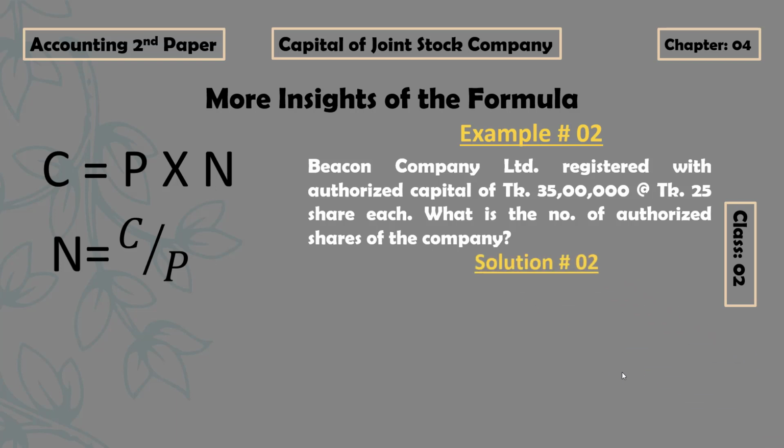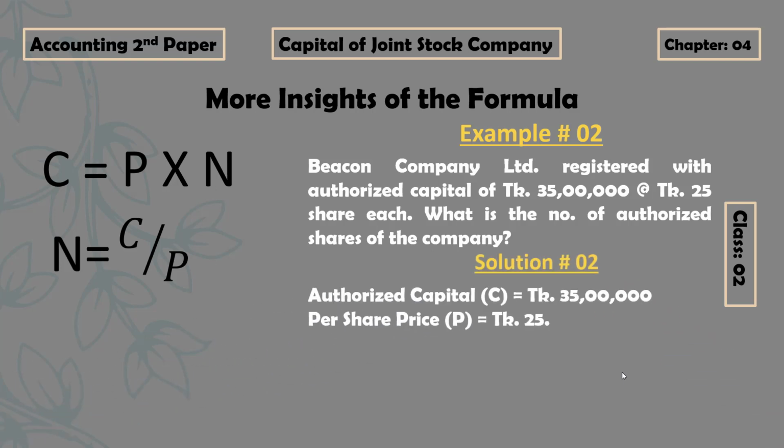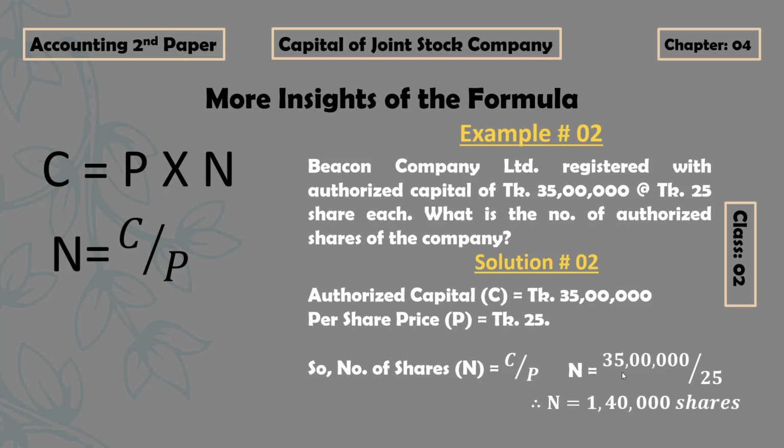So the solution: we have authorized capital Taka 35 lakh and share price Taka 25 per share. We plug these values into our formula, N equals C by P, and got the total number of shares 1,40,000. So this is the second insight of the formula.